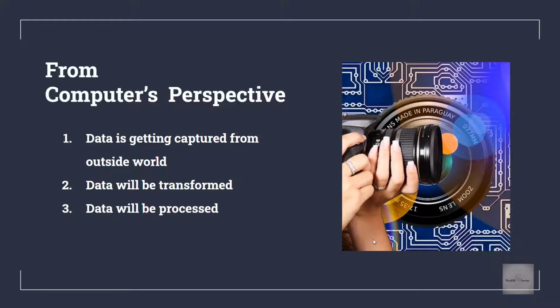Now, if I want to give the same abilities to our computer, what do we have to do? We have to give the computer three main abilities to see the outside world. That is, I should give my computers the ability to capture the data, transform the data, and also the analytical ability to process the data. Now let's see how we can give these abilities.